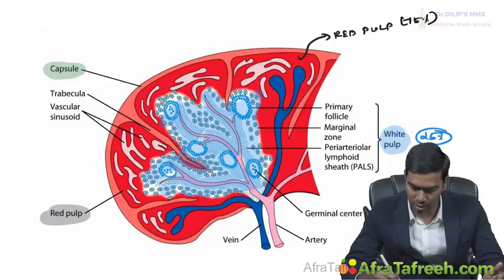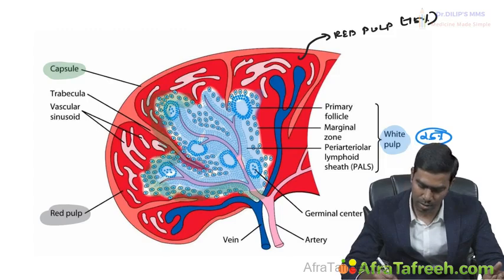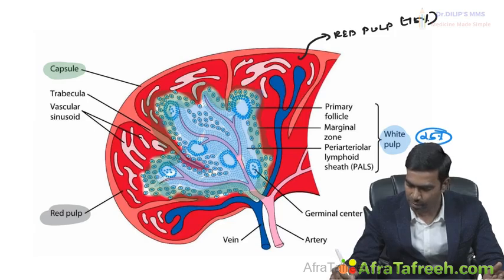So what are the constitutions of the red pulp and the white pulp? Between them, one marginal zone is also there, which I will tell you about later. So there is a marginal zone in between, at this point. These are the marginal zones.